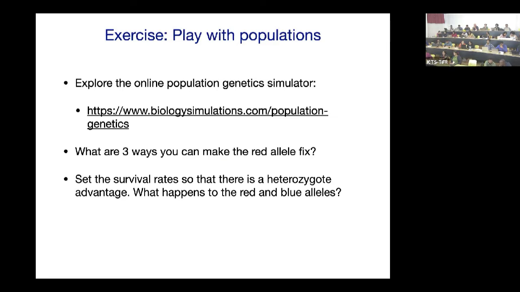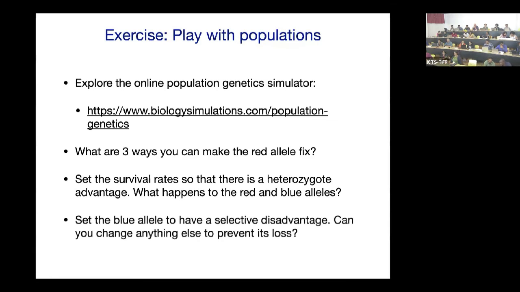Okay. Then the last question. Set the blue allele to have a selective disadvantage. What would you change to prevent its loss?